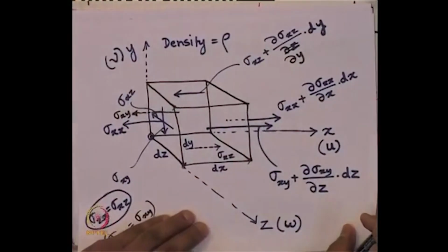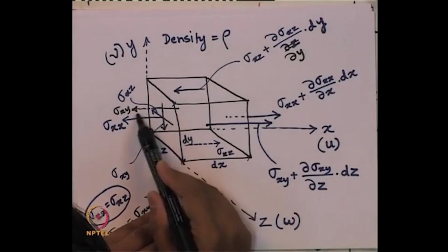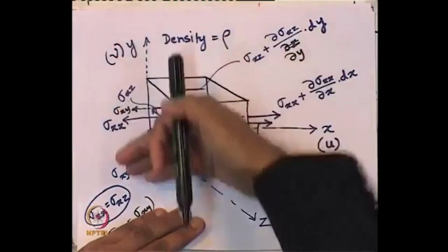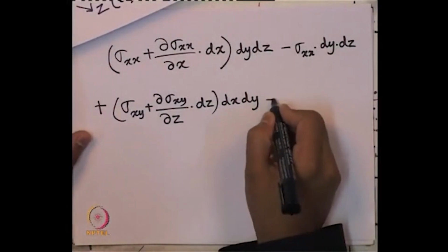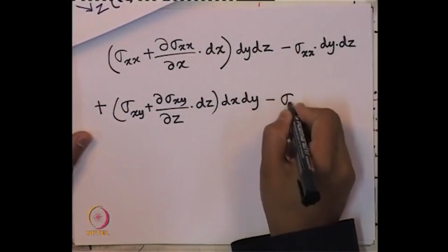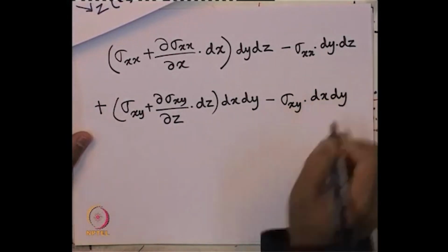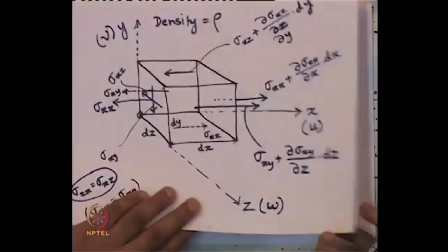In the other direction, what is the force which is acting? This dotted one in black color on the other side of the face. So, that will be minus sigma xy times dx dy. Fine. What else do we have?